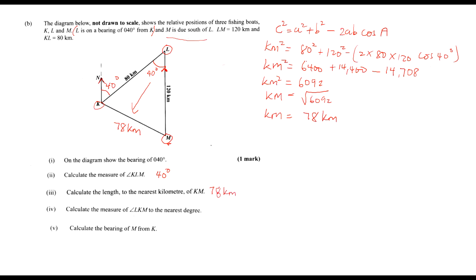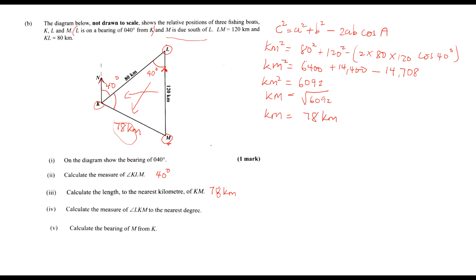Right, now we want the angle LKM. LKM is this angle here, right? So at this point we can use the sine rule, because we have 40 degrees and we have the length opposite, and we want to get this angle here, which is LKM.